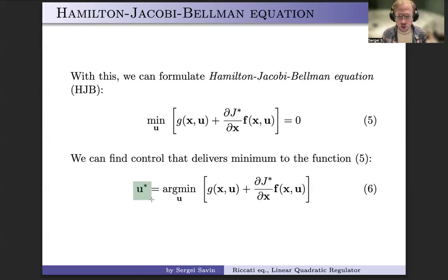So your optimal control, u star, is just the argmin of the same function. Just a notational thing. Min gives you as output the minimum value of what you minimize. Argmin gives you as output the argument that provides the minimum. So min would give you the minimum of this function, and argmin would give you the u that provided the minimum.